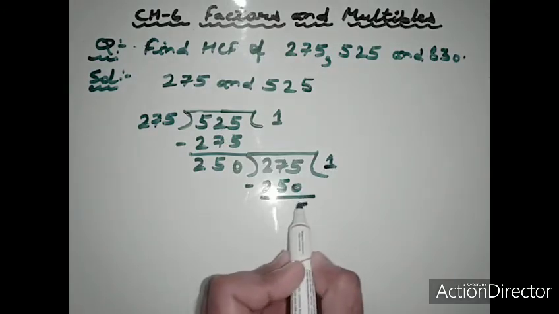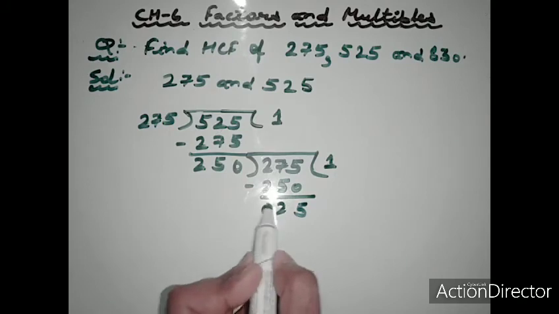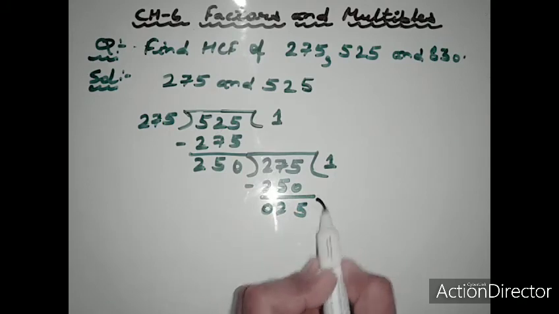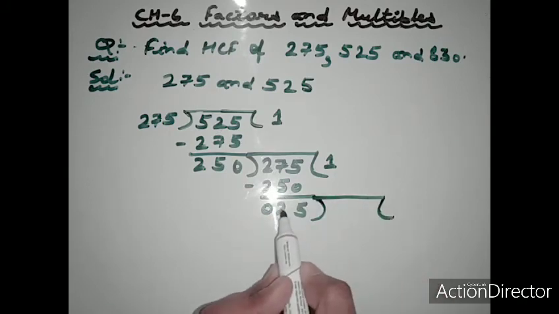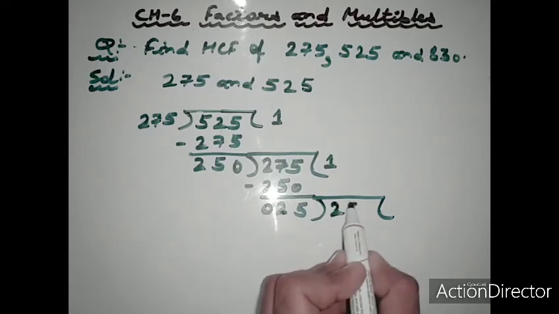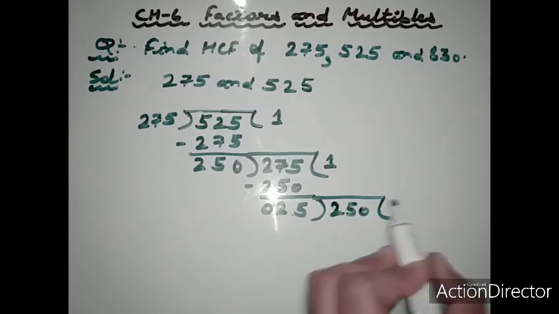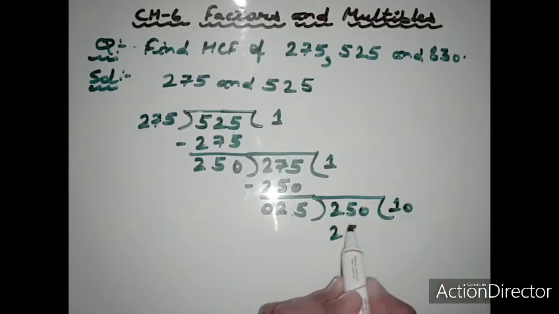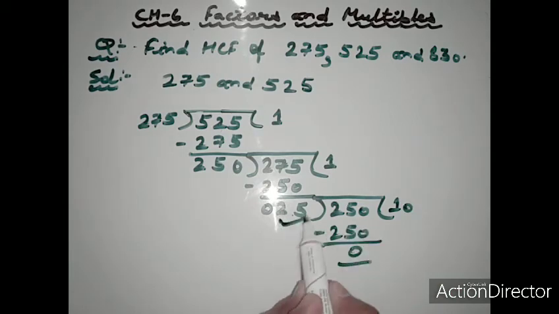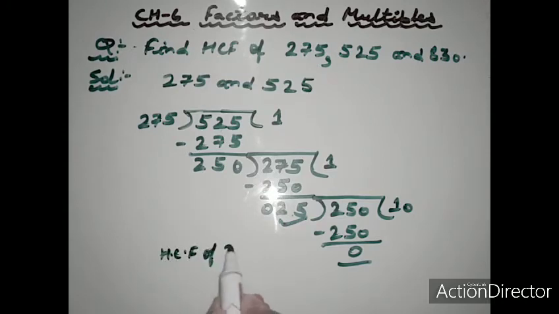Now 5 minus 0 is 5, 7 minus 5 is 2 and 2 minus 2 is 0. Now we take this 25 as the divisor, and here we write 250. Now 25 tens are 250, so here we get 0. What is the last divisor here? 25. So we say that the HCF of 275 and 525 is equal to 25.